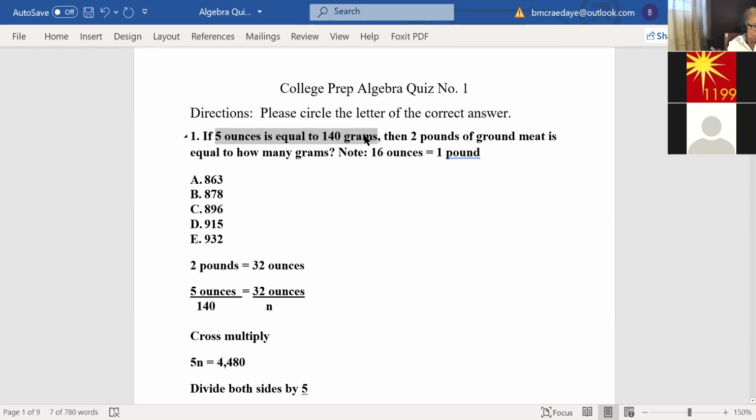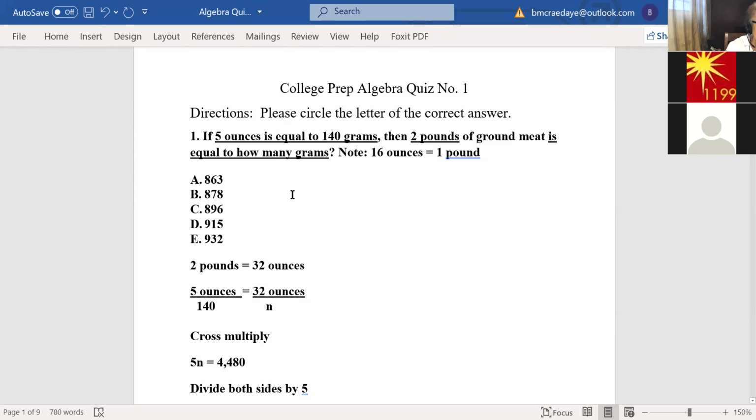Then 2 pounds is equal, and we just put here how many grams. So this is what we're given. This is what we have to find. 5 ounces is 140 grams. 2 pounds is how many grams?